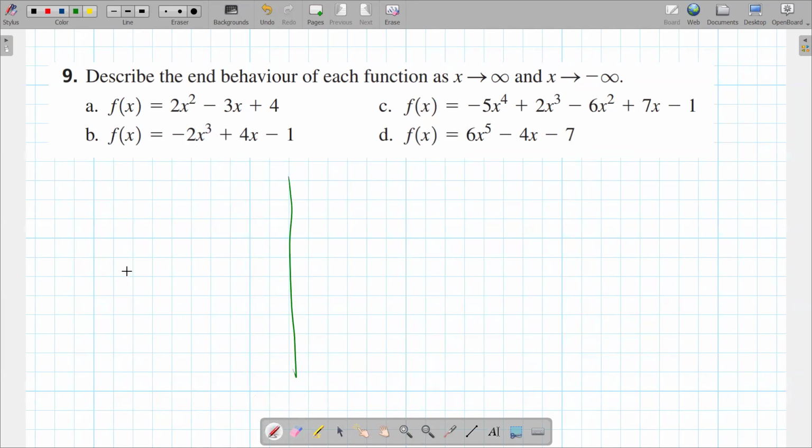It's a cubic. It's a negative cubic. Which quadrant does it start in? Where does it end? So it starts here, it ends here, right?